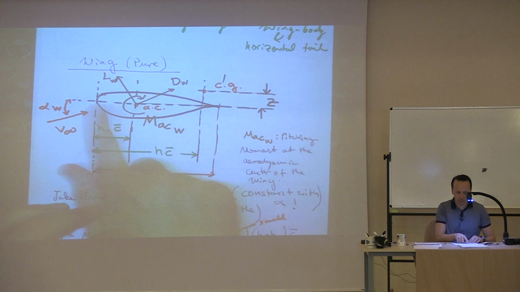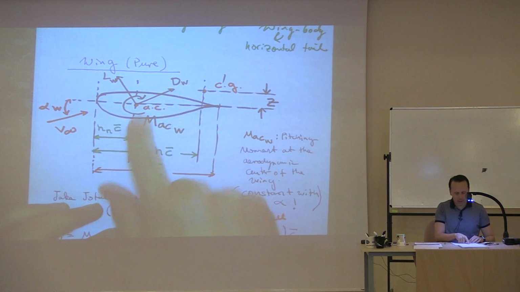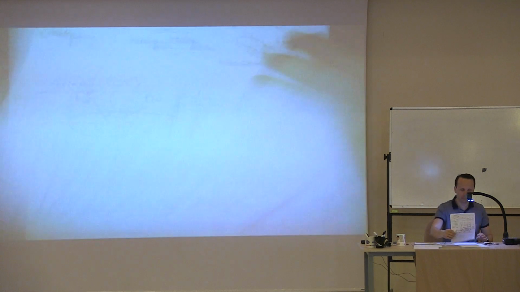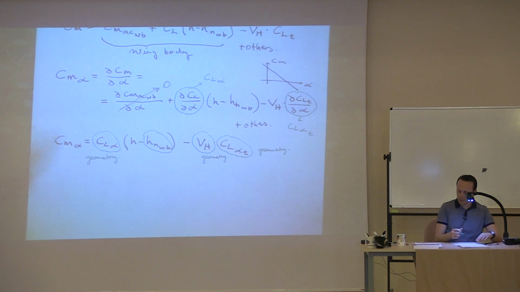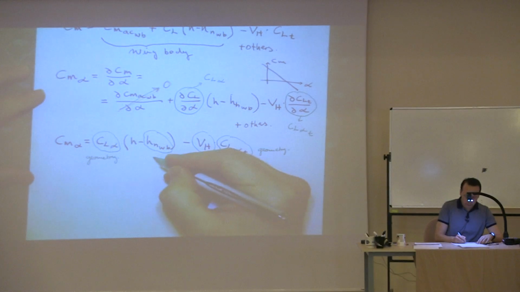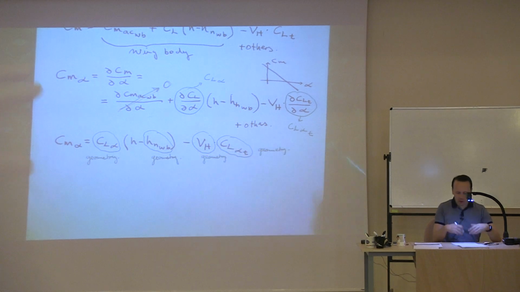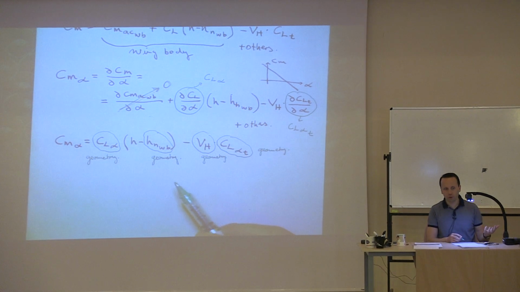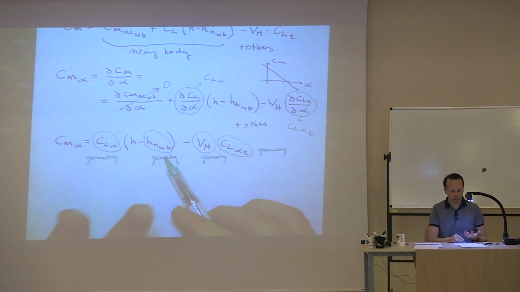It's non-dimensionalized by c bar, but it is a distance to the aerodynamic center. So this one is simply geometry again, because if I change the shape of the aircraft, then the location of the aerodynamic center will change.